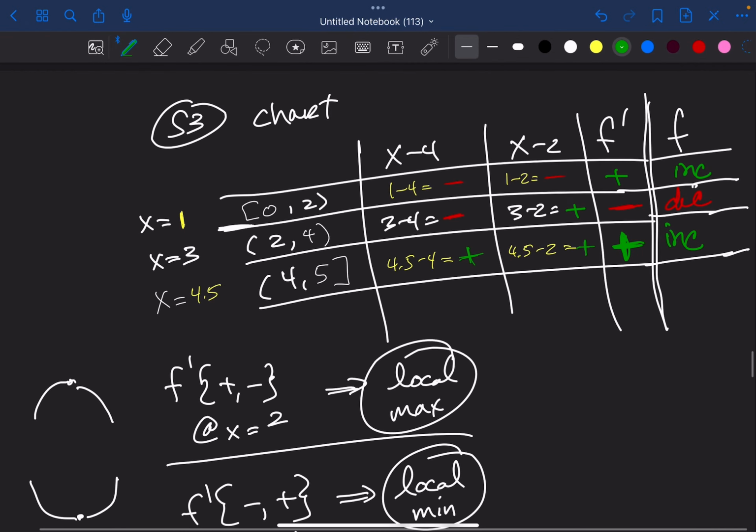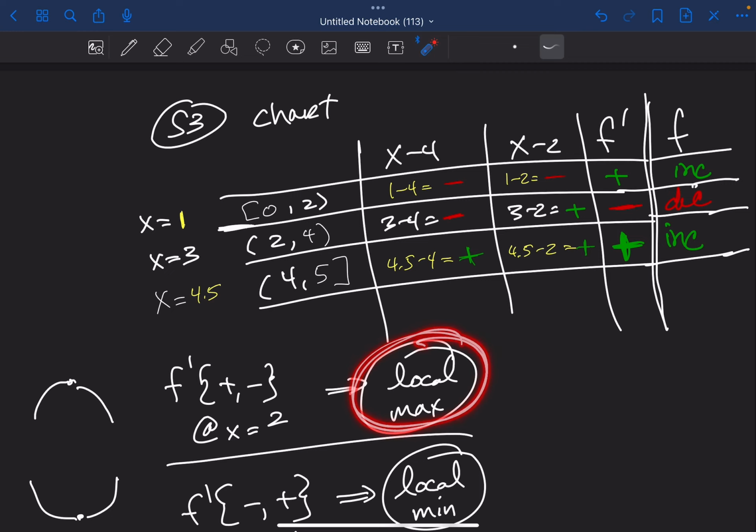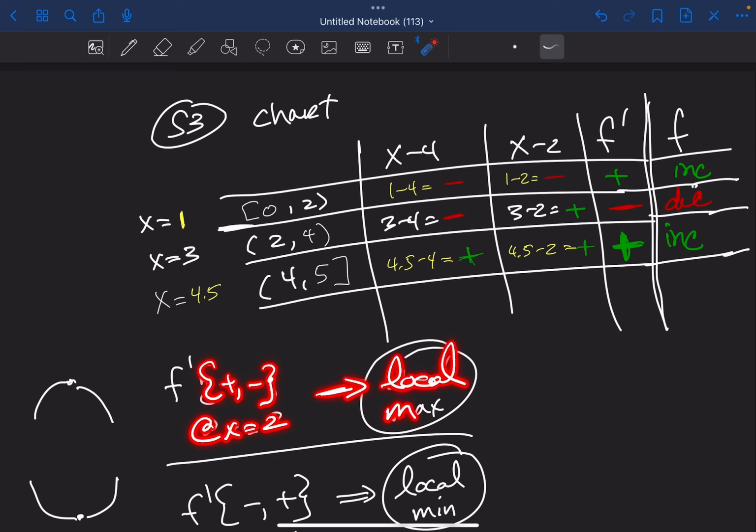So now when we read this chart, if we're looking for a local min or max, we look where the derivative changes sign. Since our derivative changes sign from positive to negative at x equals 2, that means we have a local max. And how do you remember which is which?